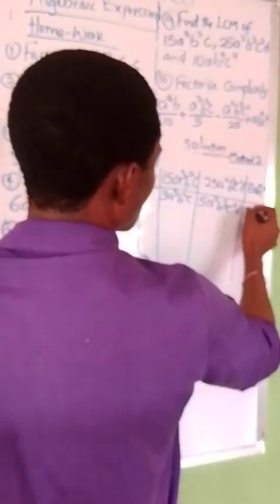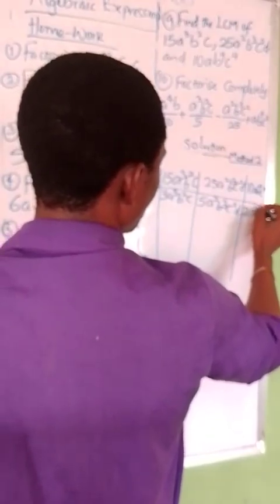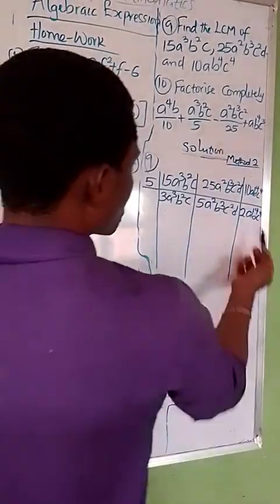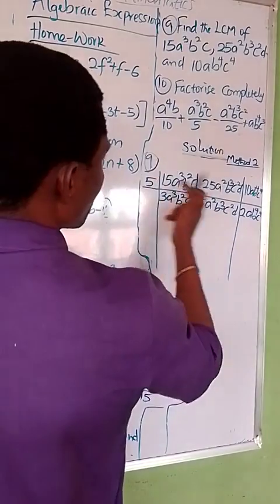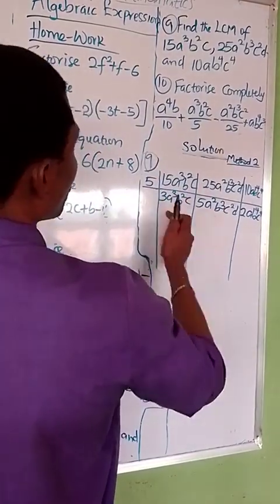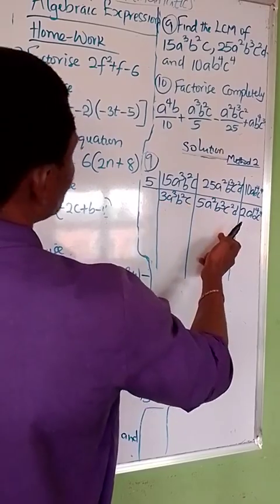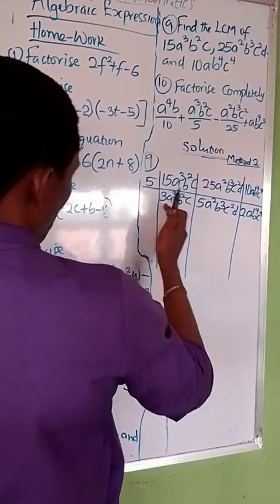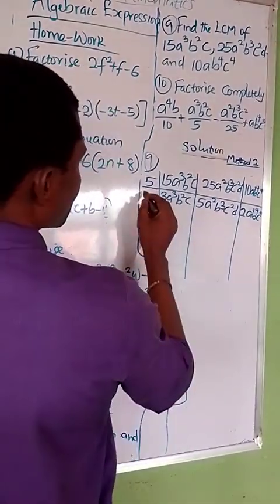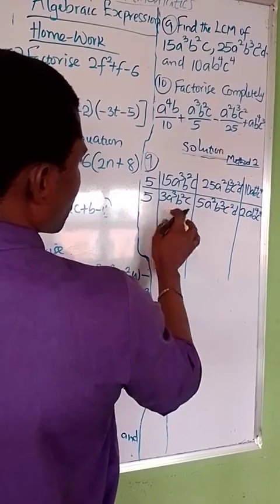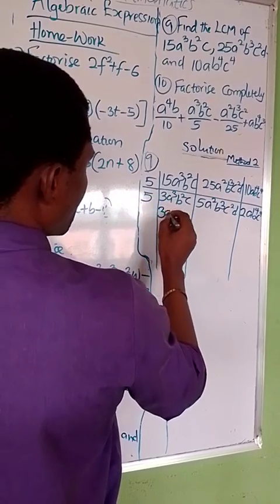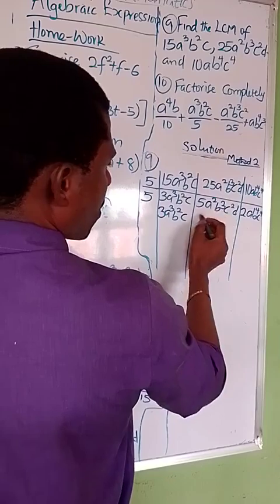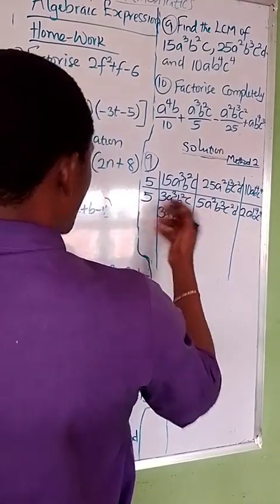Then we have 2ab to the power 4 c to the power 4. What again is common? Okay, so there's nothing common. We're only looking for the factors. We are factorizing it. So we pick 5 again. 5 can be found here, so 5 will factor out 5.